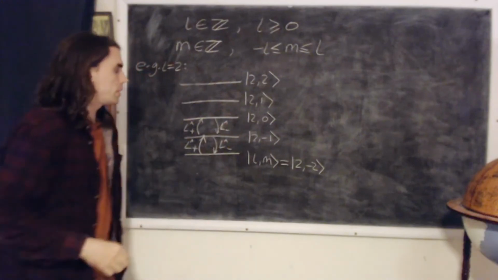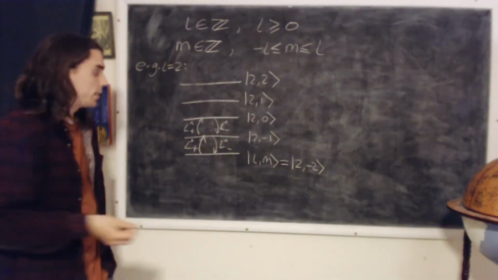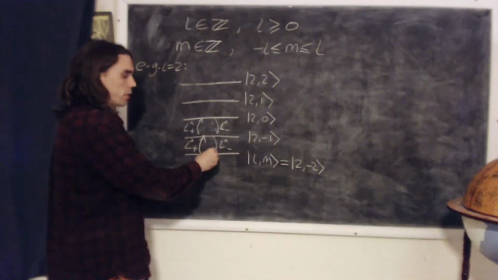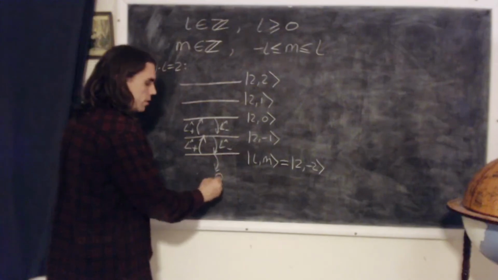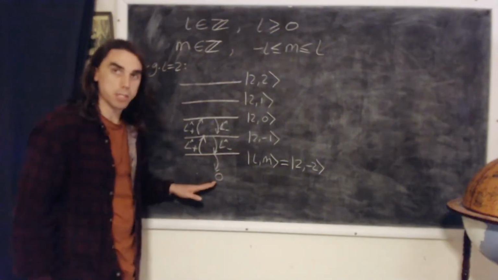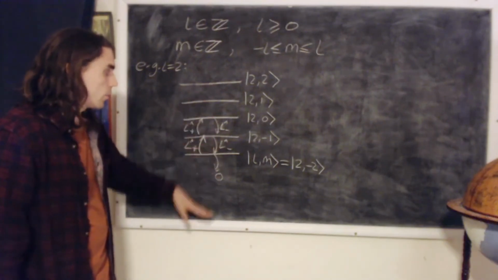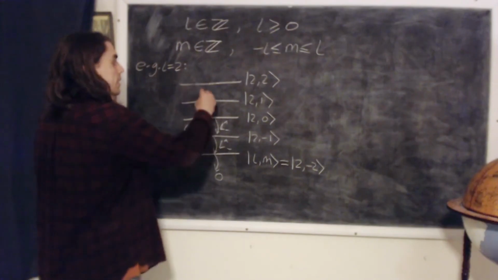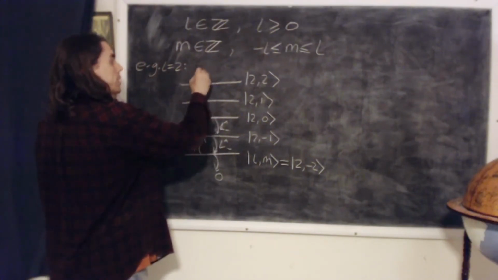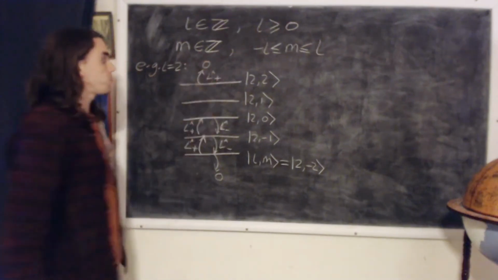But remember, when we studied the raising and lowering operators for the harmonic oscillator, if we used the lowering operator on the ground state, we got 0. And it's not the state 0, it's the number 0. We literally just got 0. Now that's true here as well. If we try to lower off the bottom of the ladder, we get 0 again. But actually this time, if we try to raise off the top of the ladder, we also get 0.